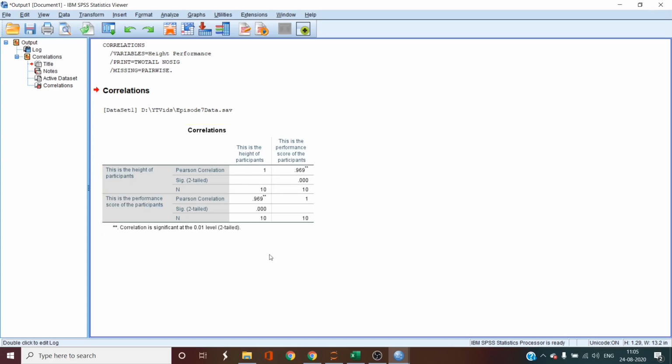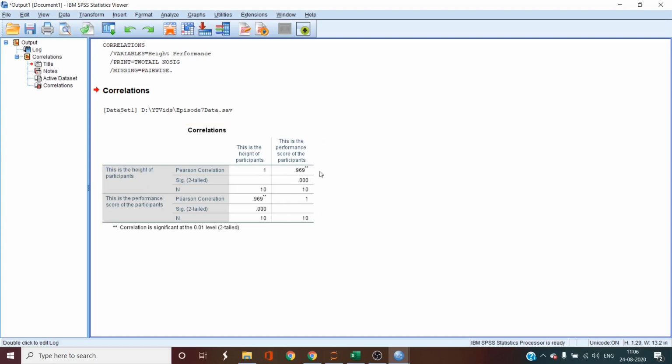Similarly, the bottom right also has a perfect correlation because it is the relationship of performance with itself. This is because SPSS measures each combination of variables, including the relationships with themselves. The relationship that we are actually interested in is between height and performance. Also notice that the relationship between height and performance and performance and height are exactly the same.